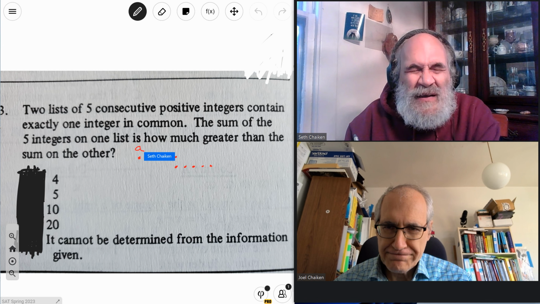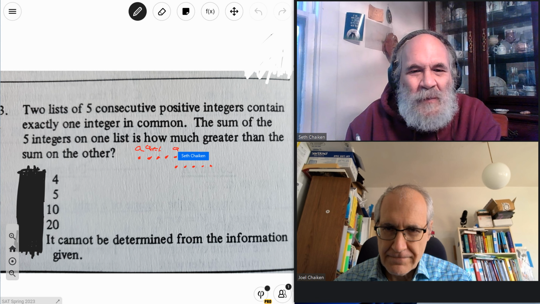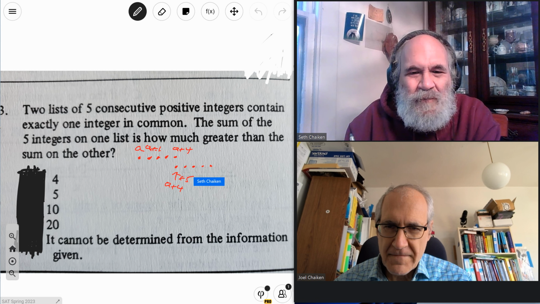And therefore the integers up here are a plus 1 up to a plus 4. And then this integer is also a plus 4. And the next one is a plus 5, plus 6, 7, 8. So the last one is a plus 8.